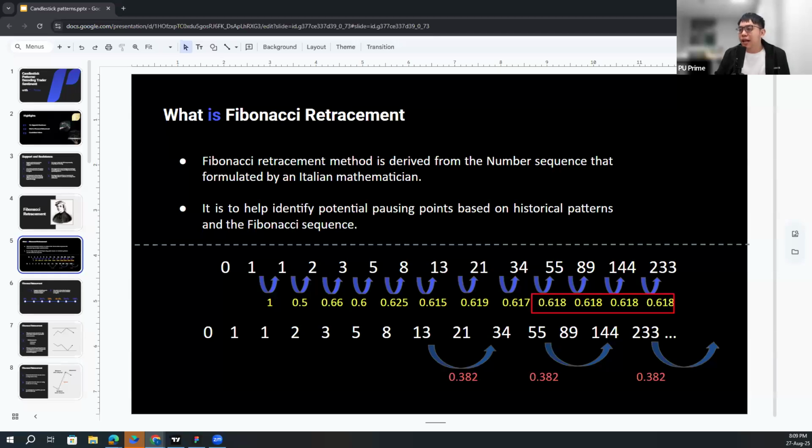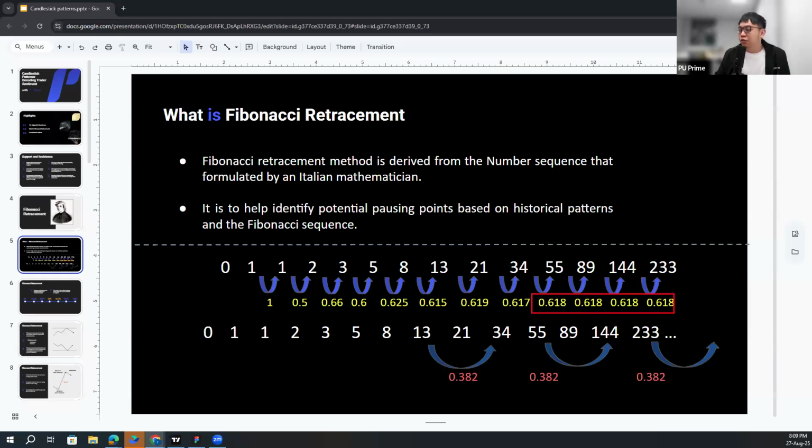After that, they use it to divide. 1 divided by 1 is 1, 1 divided by 2 is 0.5, 2 divided by 3 is 0.66, and so on. The beauty of it is that when they come to 34 divided by 55, and then 55 divided by 89, the numbers stick to 0.618.